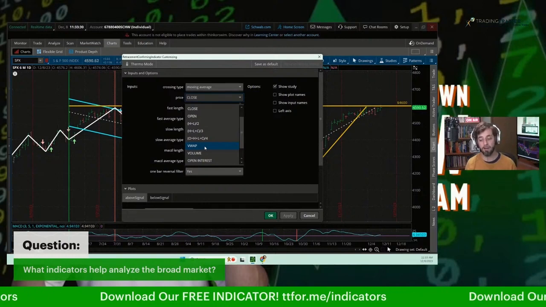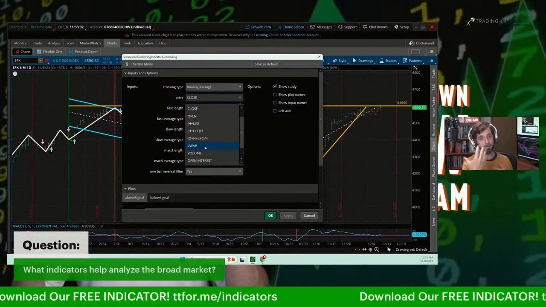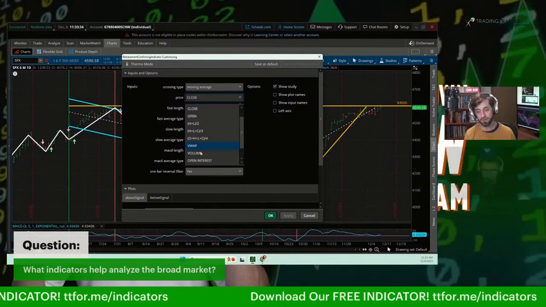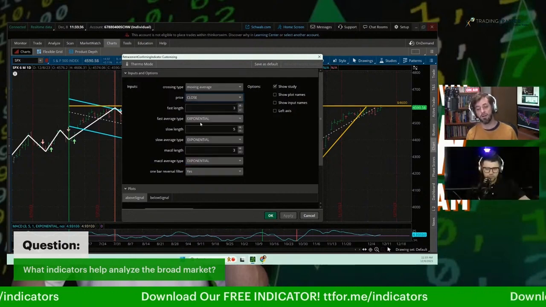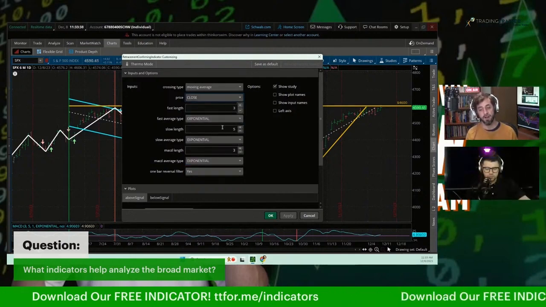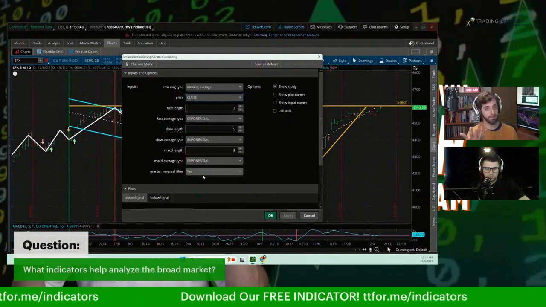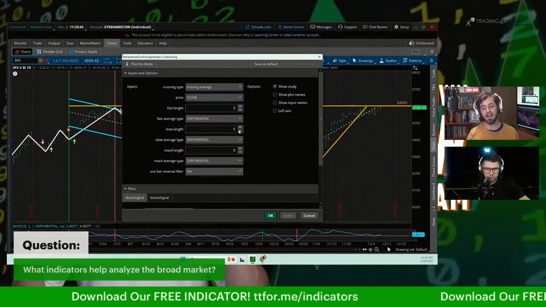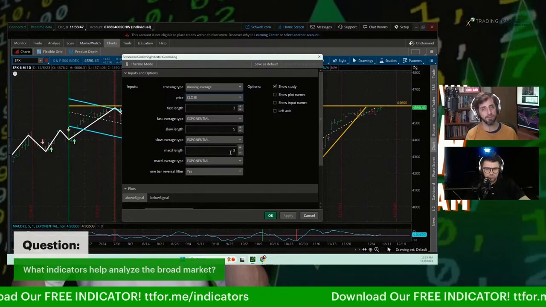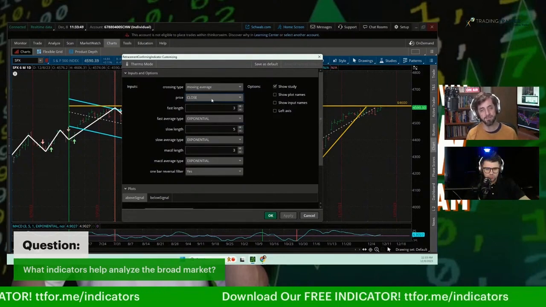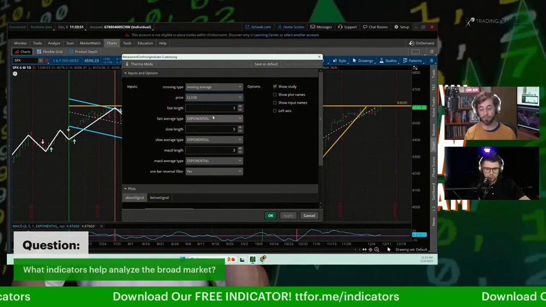I have been playing around a lot with the volume weighted average price to throw some volume calculations in there. You can set all your different parameters on those lagging indicators. Plus, we've got our one bar reversal filter in there. And we're always adding functionality to make it even more configurable.